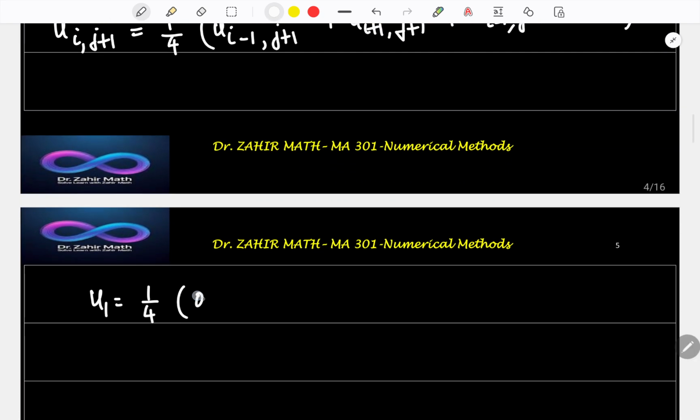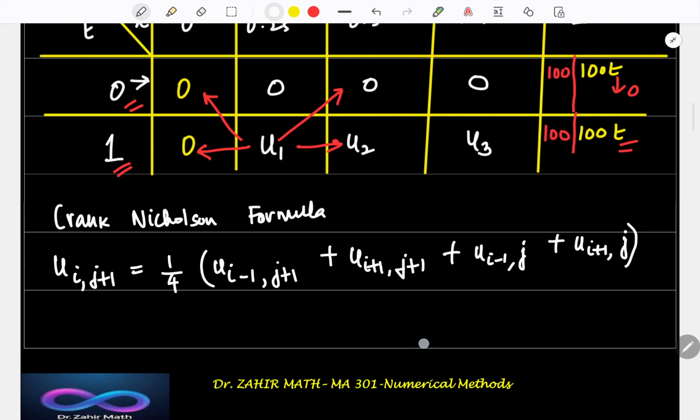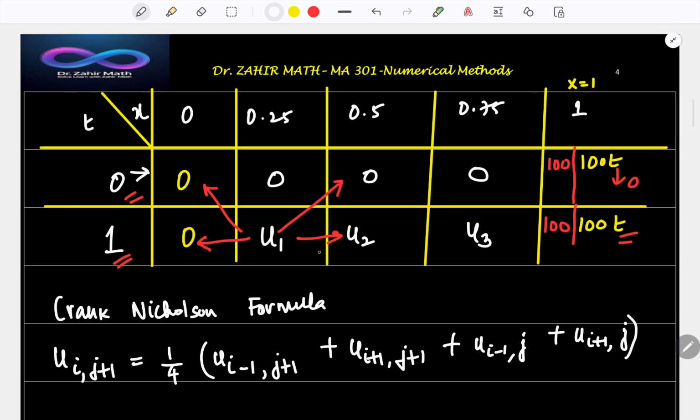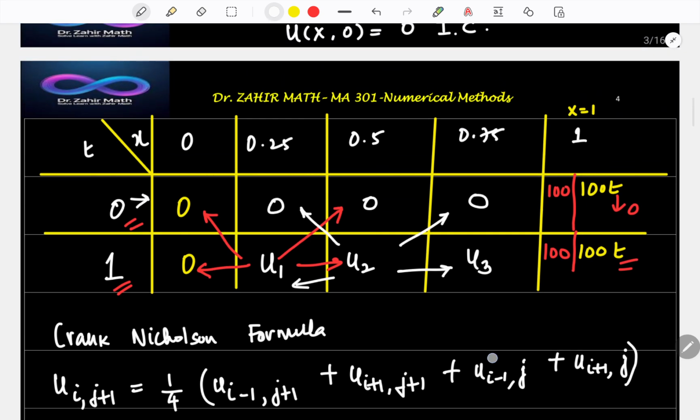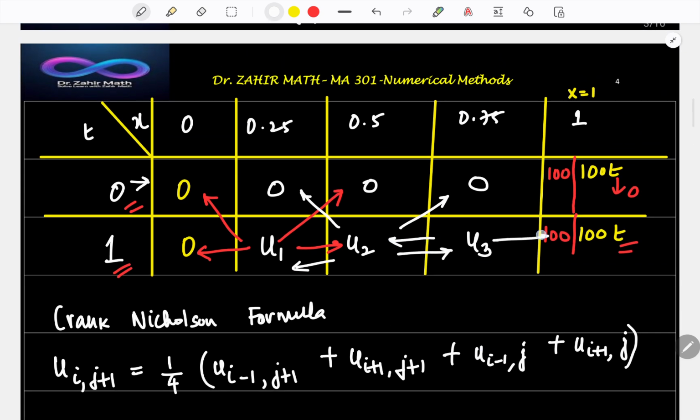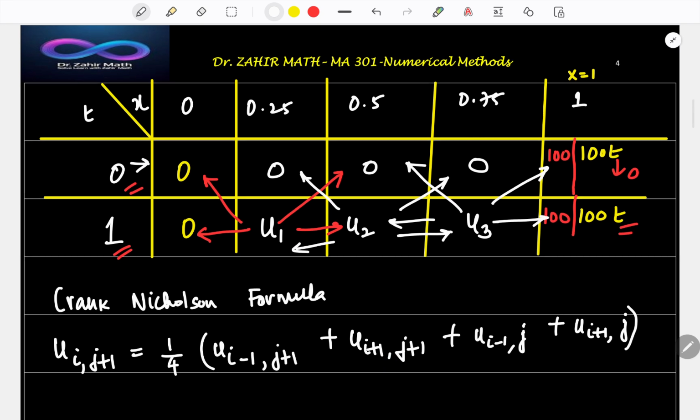Then u2 equals 1 by 4 times u1 plus u3 plus 0 plus 0. Next, u3 equals 1 by 4 times u2 plus 100 plus 0 plus 100.